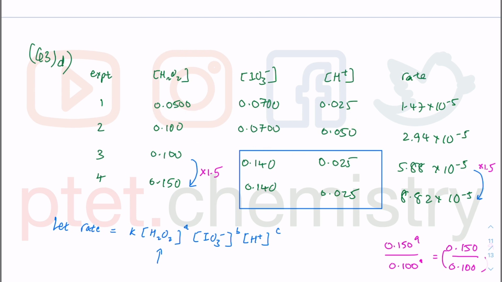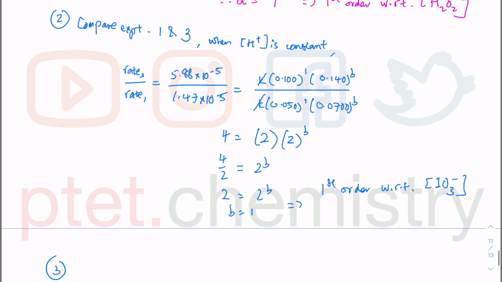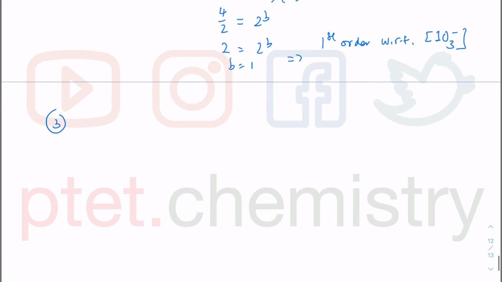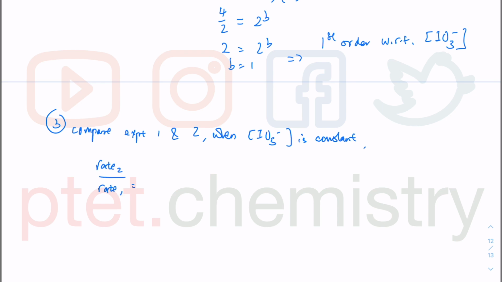So these entries will have been in your table, which you can do while listening to what I am talking to you right now. So compare experiment 1 and 2. When IO3 minus is constant, so at least one of them is constant, I don't have to worry about keying in the value for that. From your table, rate 2 over rate 1. So you can get 2.94 times 10 to the minus 5. That's the entry for initial rate for experiment 2.